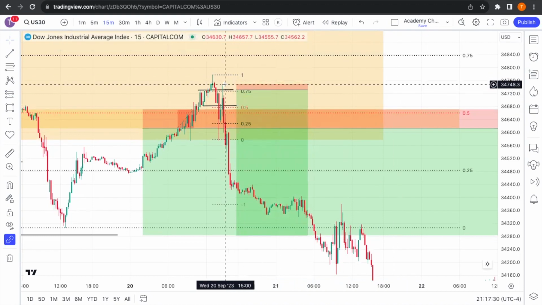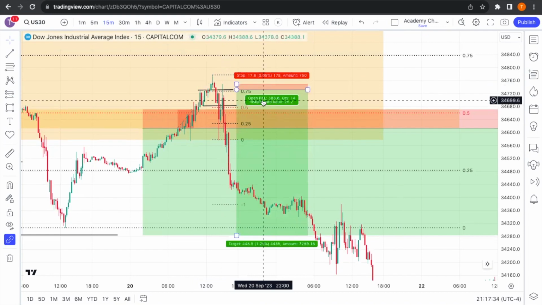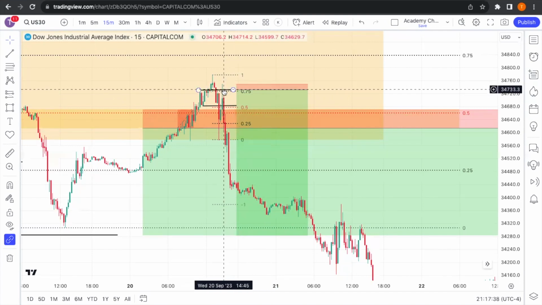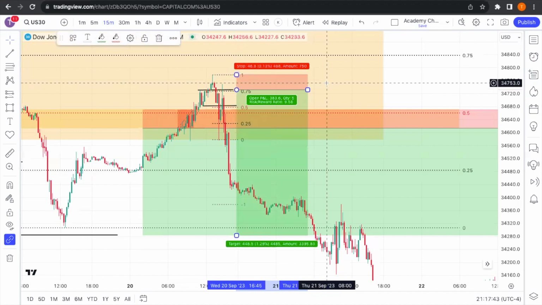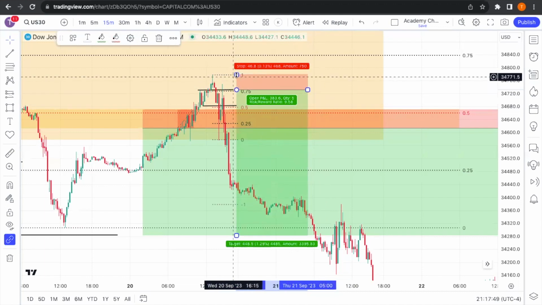Now, if that taps you out with spread, just re-enter. Especially scalping, but look at the stop. And if you're okay with taking a larger stop, just put it above the high. Then you're going down right about 10-to-1.